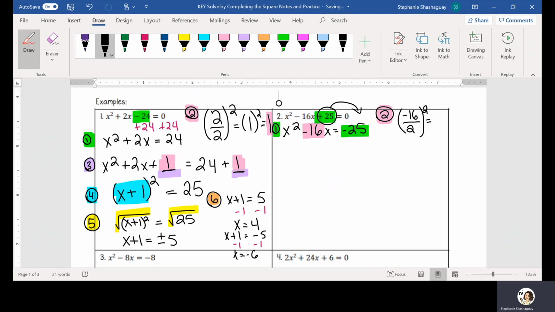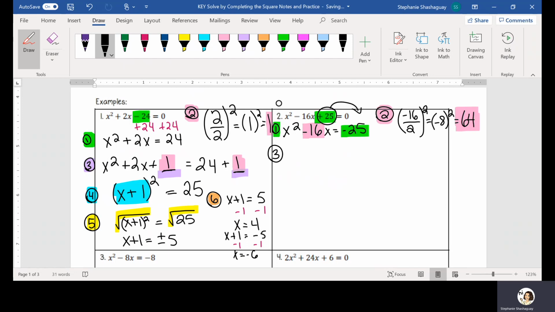Negative 16 divided by 2 is going to be a negative 8. And when you square negative 8, you're going to get 64. Okay, so that's our missing c term that we need to add in order to complete the square. So now we're going to do that in step 3.